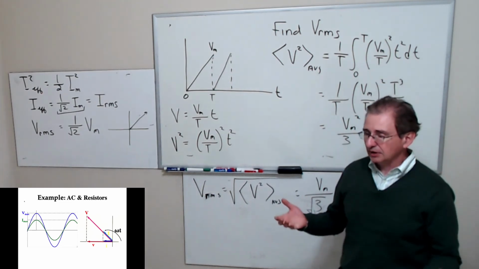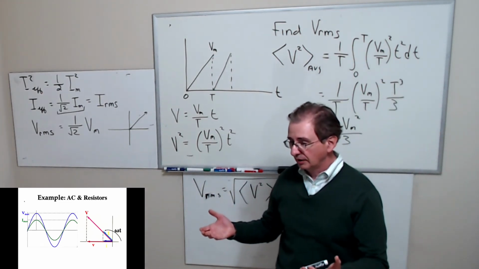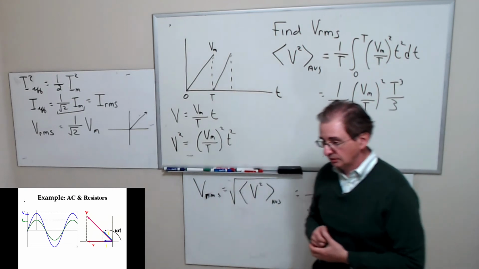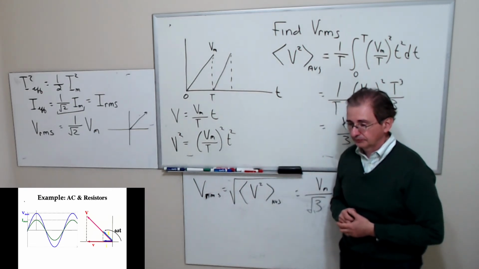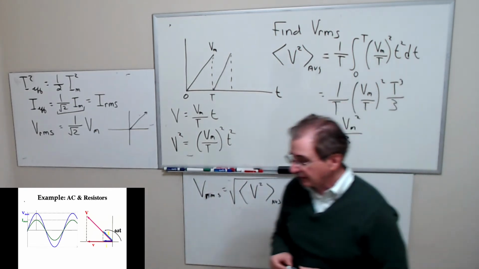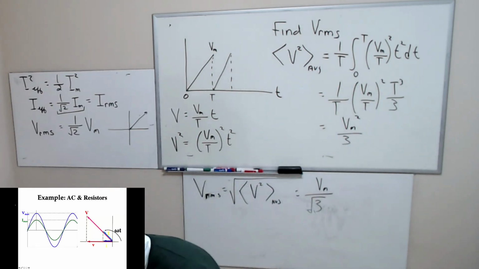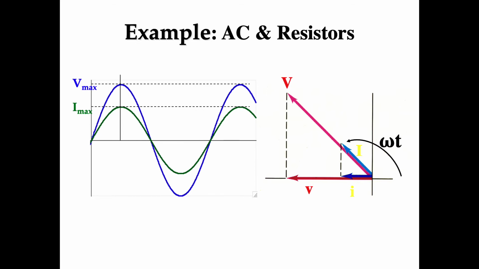So let me give an example with AC and resistors. Let me blow this graph up. The graph I show you here shows the plot of the voltage as a function of time, and a plot of the current as a function of time. The blue is the voltage, the green is the current.